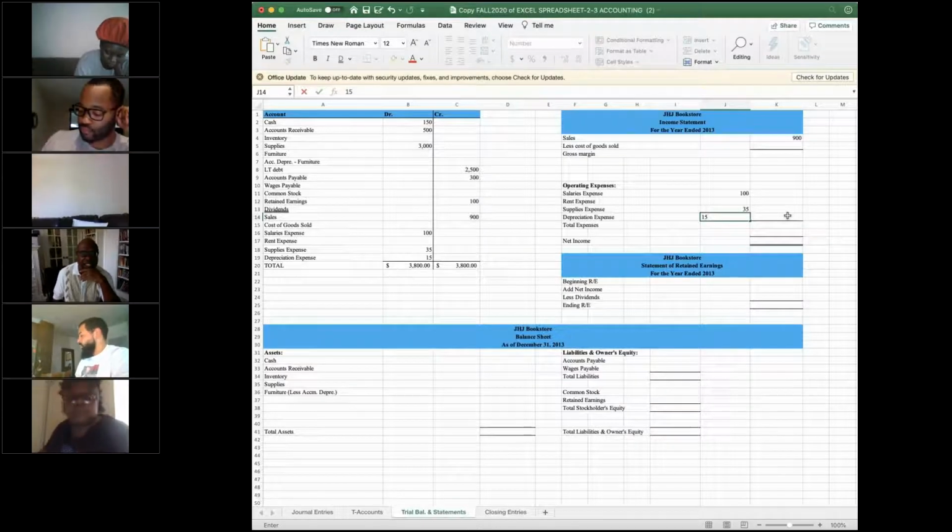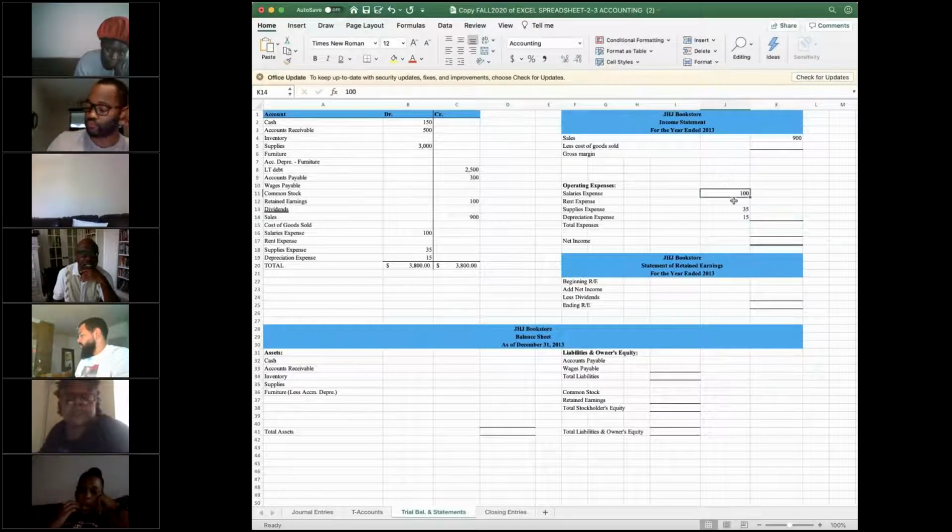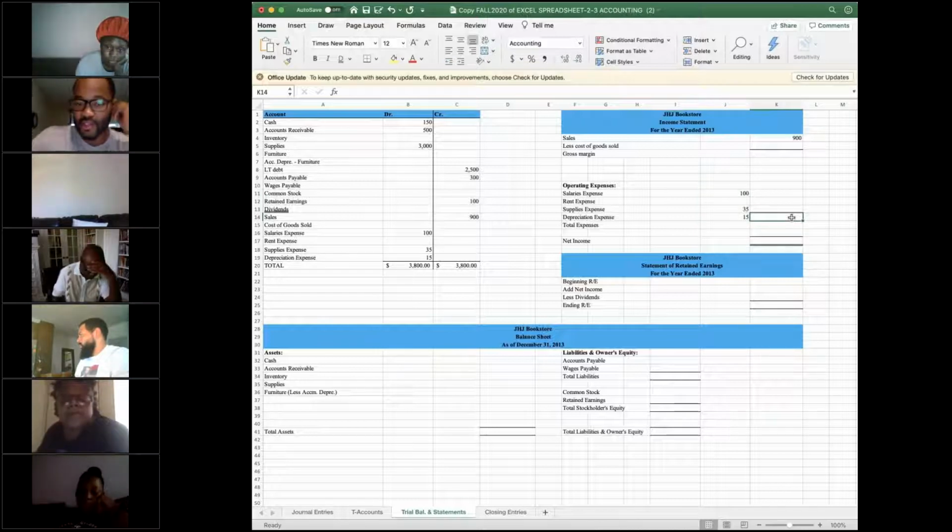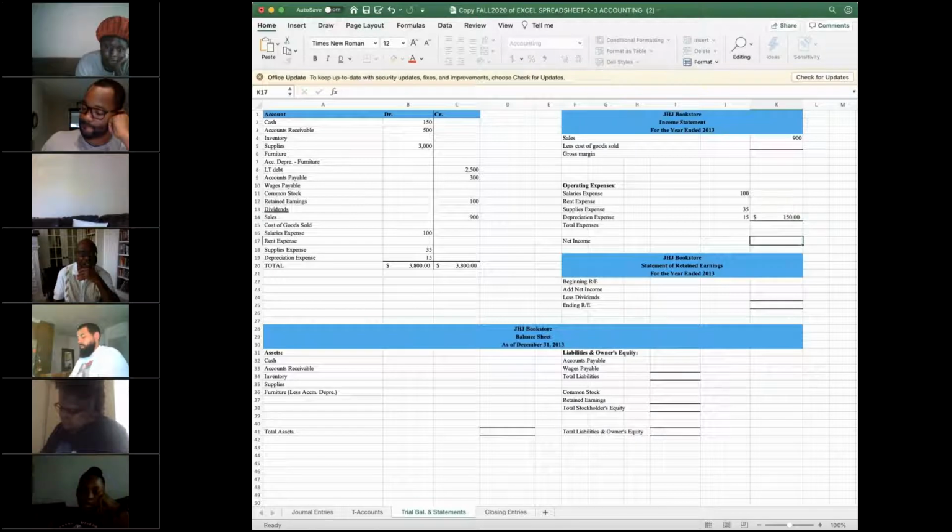If I add these three numbers together, how much do I get? That's total expenses, 150. So what's our net income? 750. Y'all were struggling with that some.